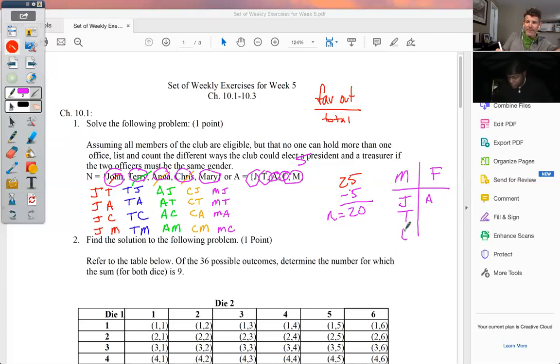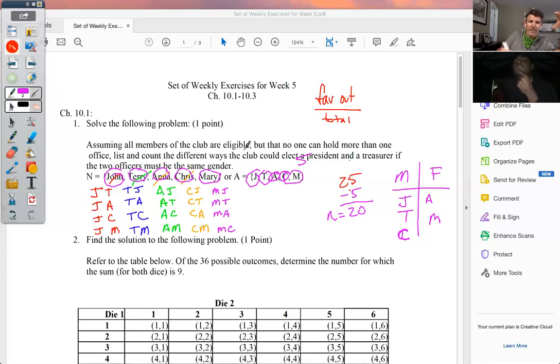Okay, so Chris and Mary. But my thing is, that would be an issue. If you don't tell us which ones are male and female, I mean, Terry, technically, I know Terrys that spell their name that way that are female, right? I know Chrises that are female that spell their name that exact same way. It's not very common, but I know them, so it happens. And so in our case right here, now if we go back to the question, we've established what's male and what's female. The question says the 2 officers must be the same gender.